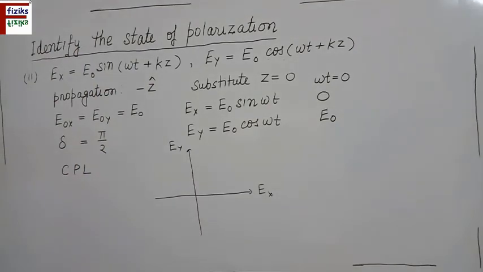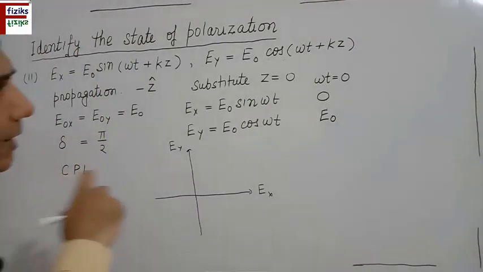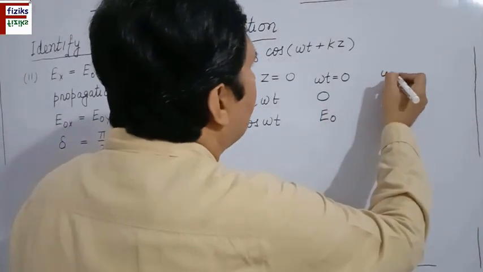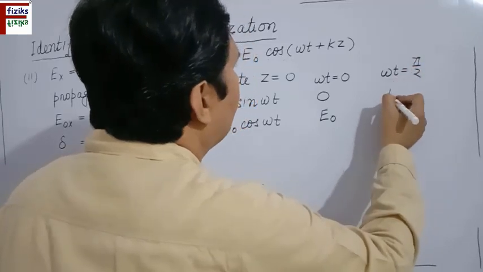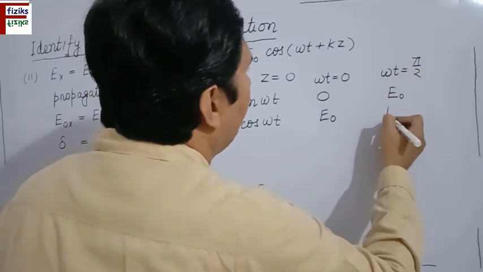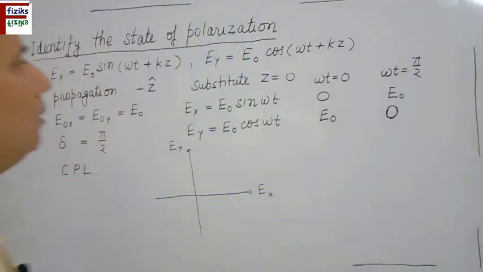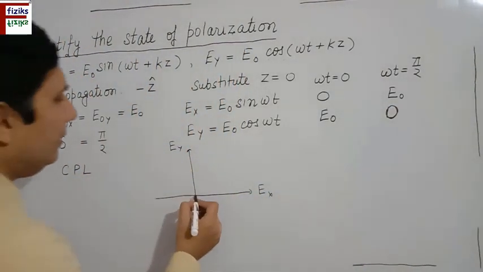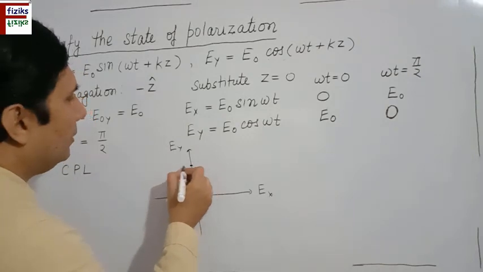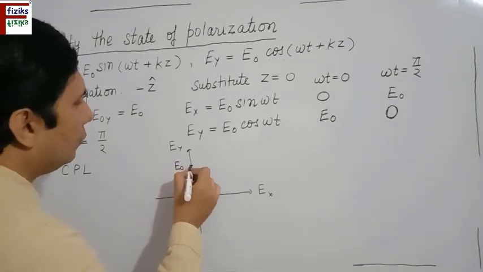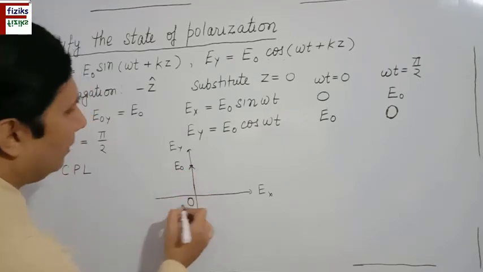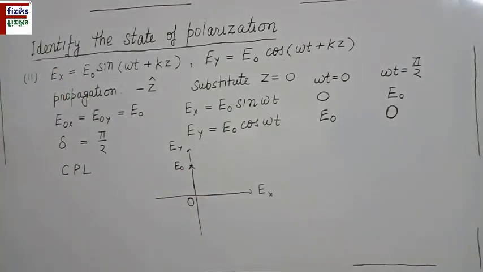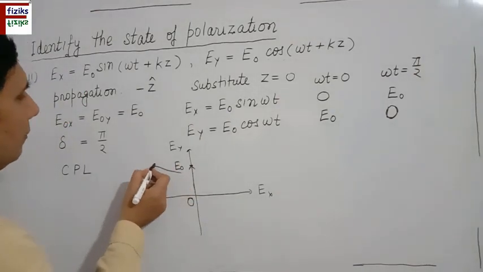So these are the coordinates of the electric vector at omega t equal to 0, and at omega t equal to pi by 2, Ex will become E naught and Ey will become 0. So at t equal to 0, Ex is 0 and Ey is E naught, and this is the position of the electric vector.